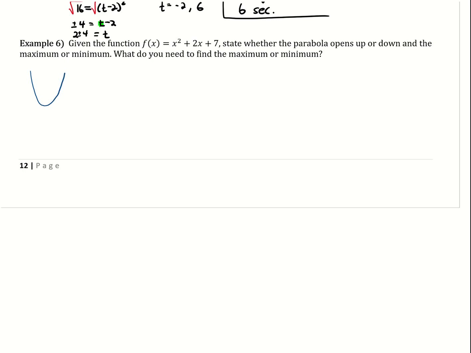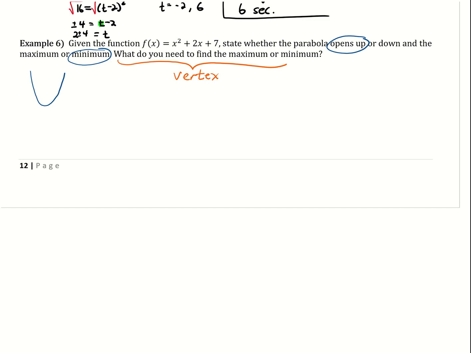We do know when it opens up, it has a minimum. But what we don't know is what is the minimum value. So in order to find the maximum or minimum, we need the vertex.